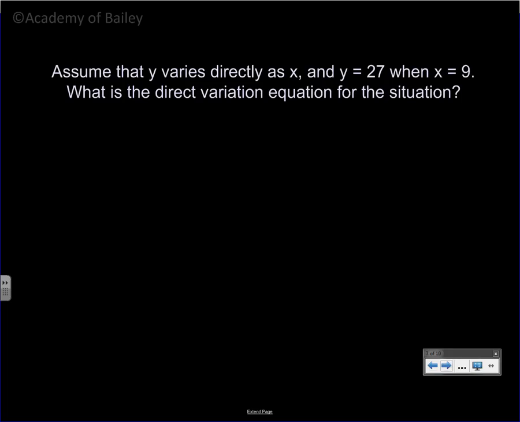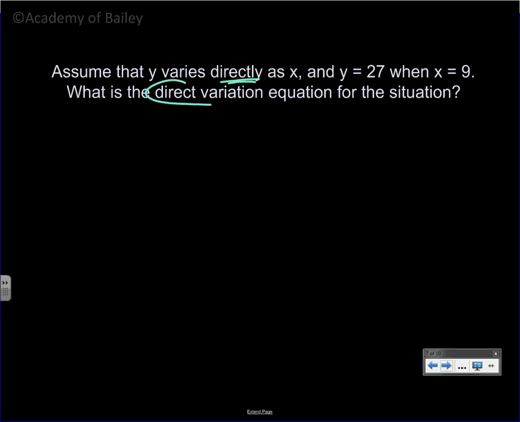Okay? This is just a different way of wording the question. Assume that y varies directly. Directly is your key. Assume that y varies directly as x, and y equals 27 when x equals 9. What is the direct variation equation for the situation?